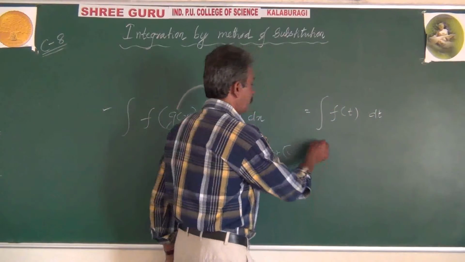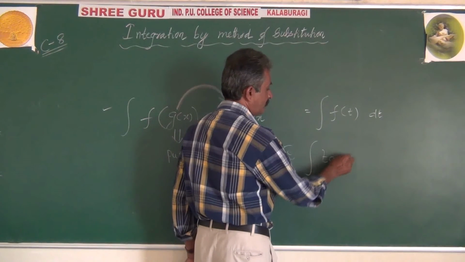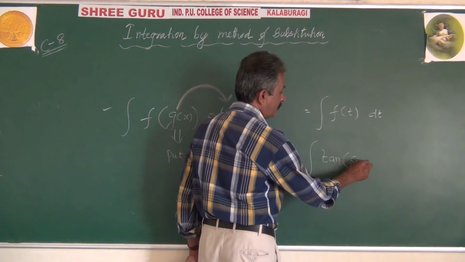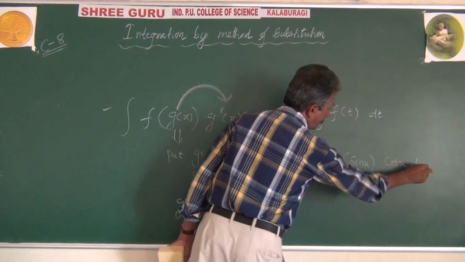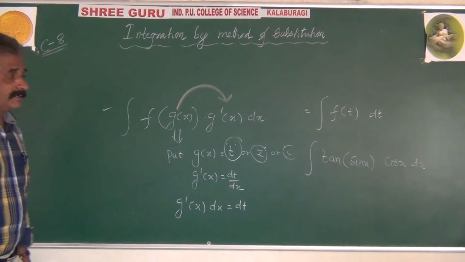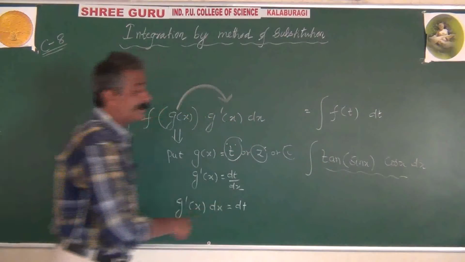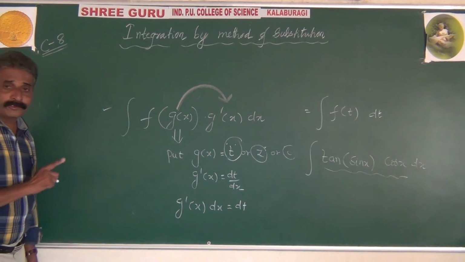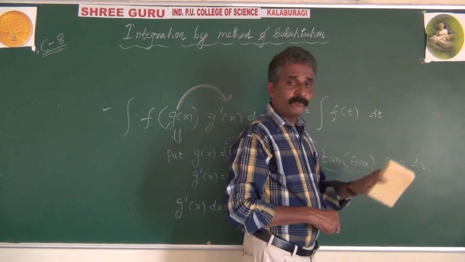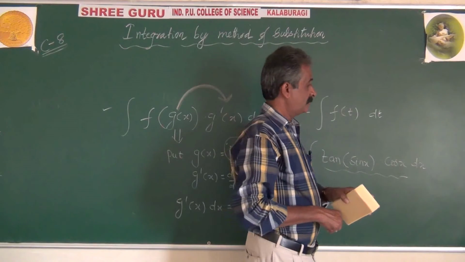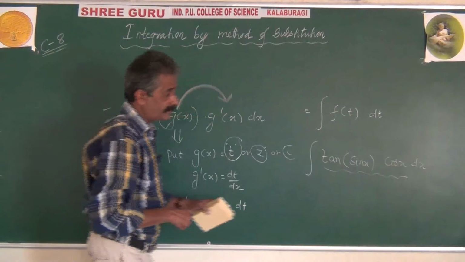Suppose we have it like this: integration of tan of sin x into cos x. Notice in your mind, in this complete arrangement in the list of formulas, we do not get any type of formula at all. For this arrangement, there is no formula available in the list. That means right now we cannot get the answer of integration.